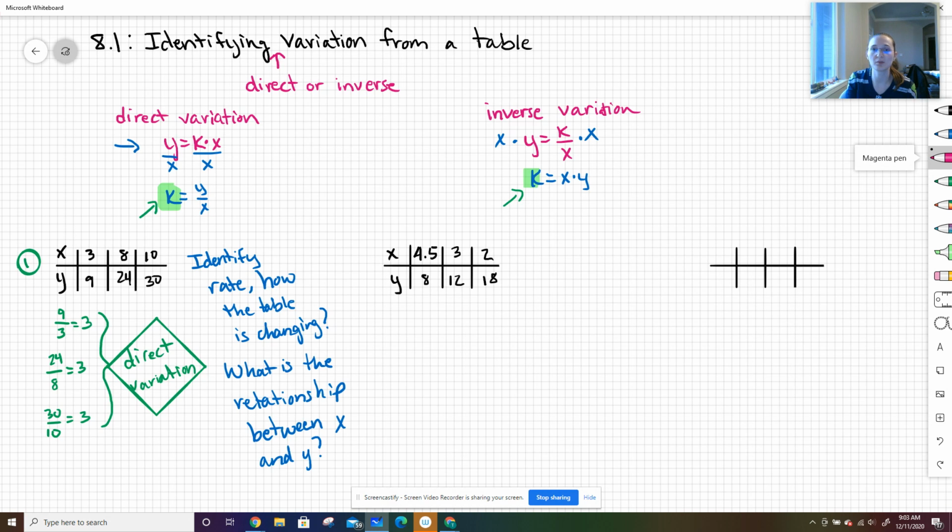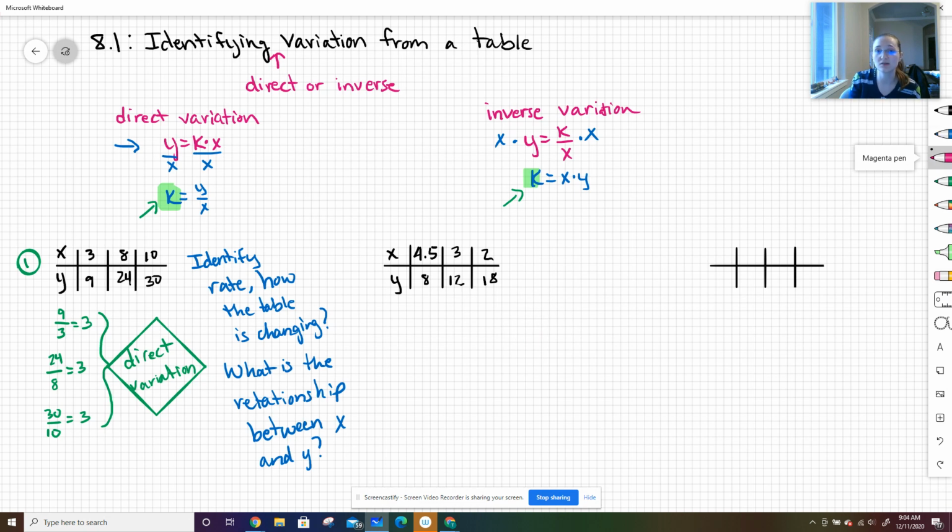Right off the bat, I know that 12 divided by 3 is 4, but 18 divided by 2 is 9. So I know right off the bat this isn't direct variation, because I can do some quick mental math, and I know that's not true. So this could be inverse or it could be neither.